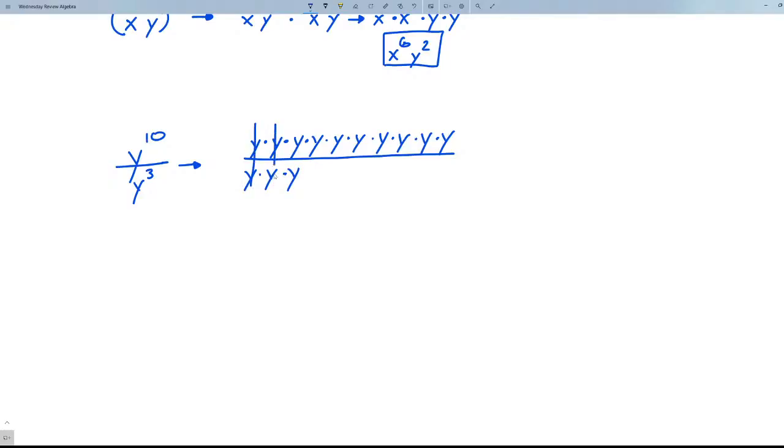We cancel, cancel, cancel. We're left with y to the 1, 2, 3, 4, 5, 6, 7. And if we had subtracted 10 and 3, we would have gotten the exact same answer.